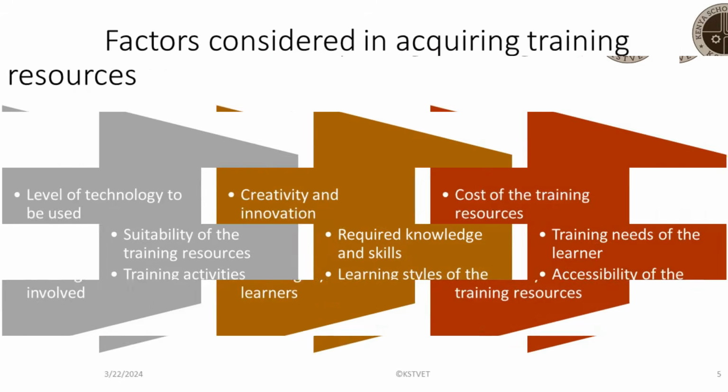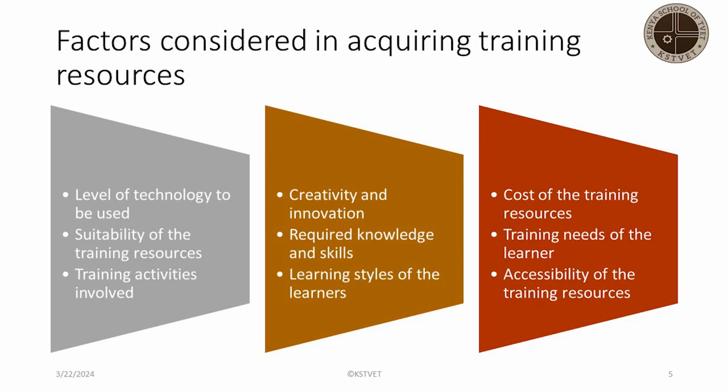The factors considered include the level of technology to be used, suitability of the training resources, training activities involved, creativity and innovation, required knowledge and skills, the learning styles of the learners, the cost of the training resources, the training needs of the learner, and lastly, accessibility of the training resources.